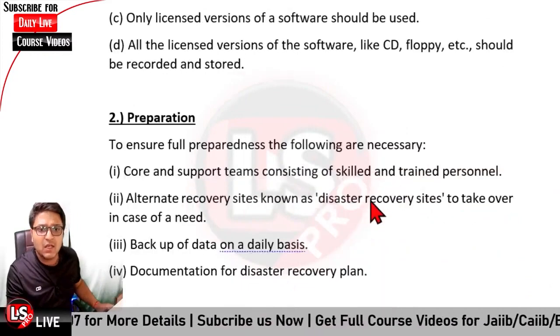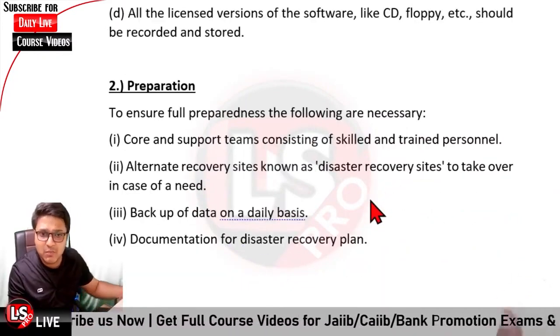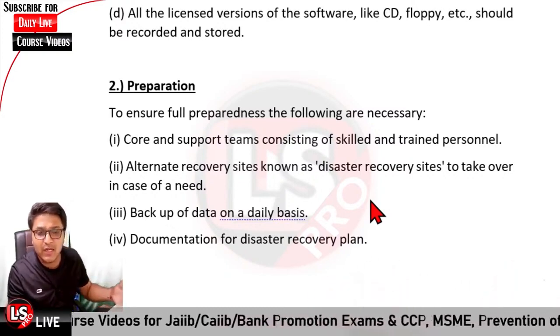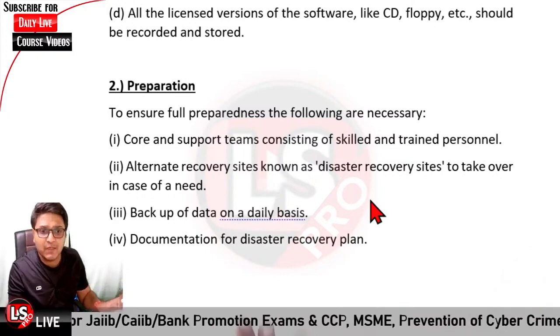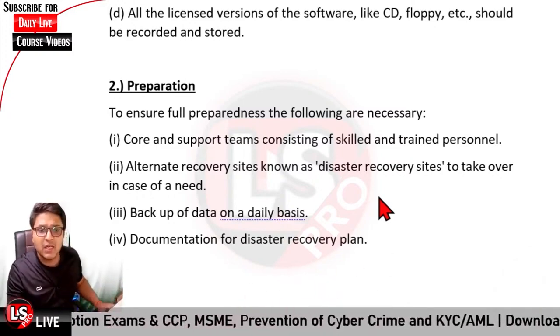Further, backup of data on a daily basis, so a mirror image of the data must be created so that we can rely on that particular system. And further documentation of the disaster recovery plan, that is regarding the preparation.